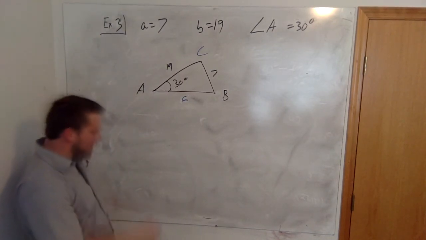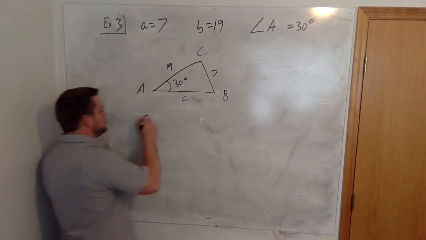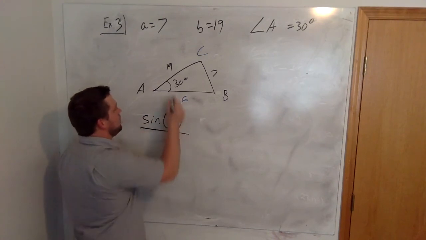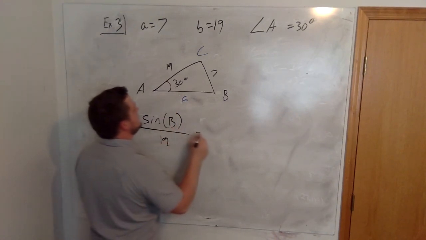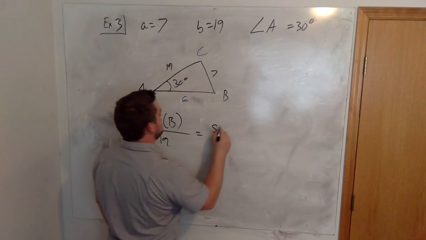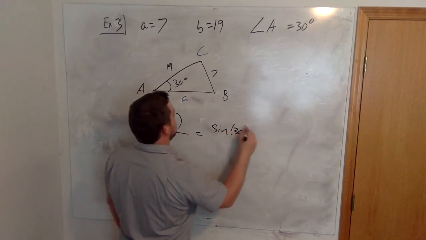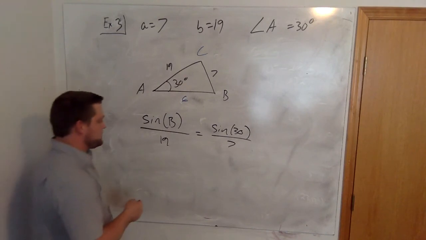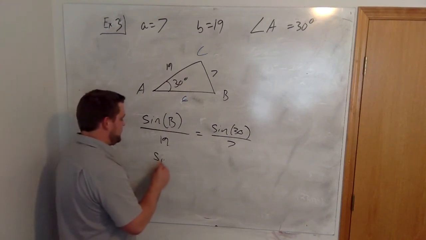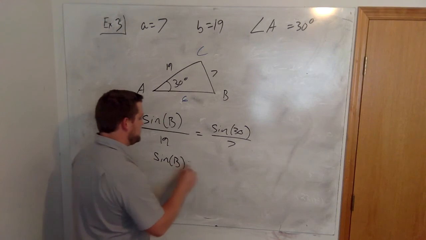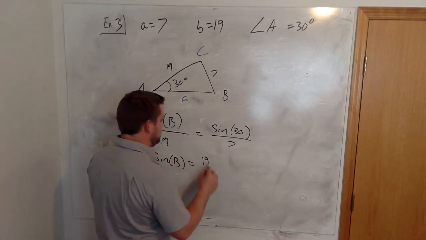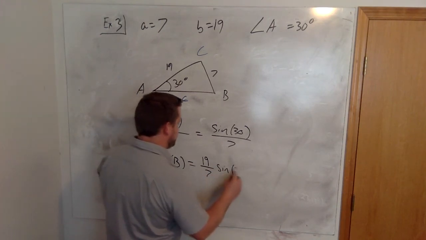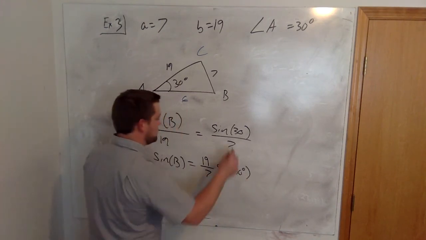Let's try to find angle B here. So we would have sine of B over 19 equal to the sine of 30 over 7. We can multiply both sides by 19, so sine of B would be equal to 19 over 7 times the sine of 30 degrees.